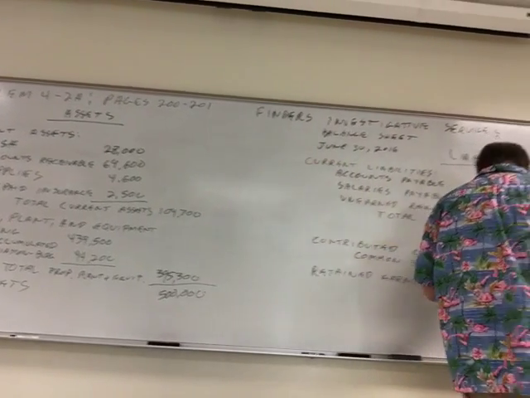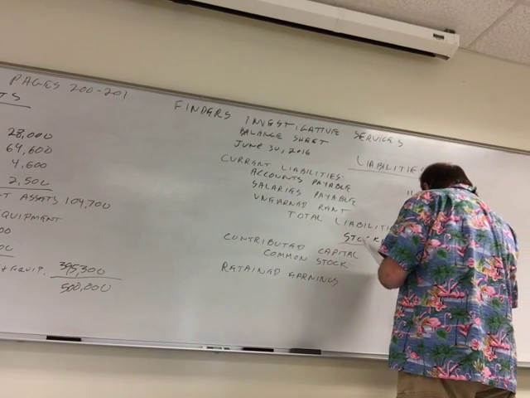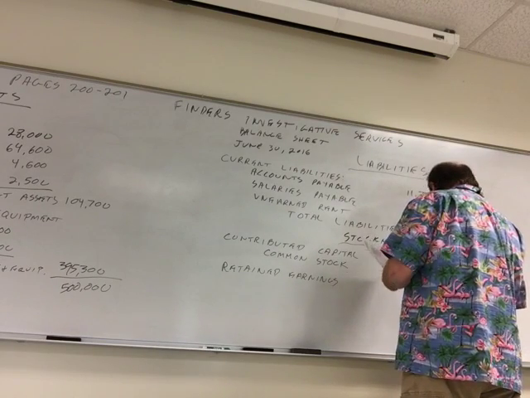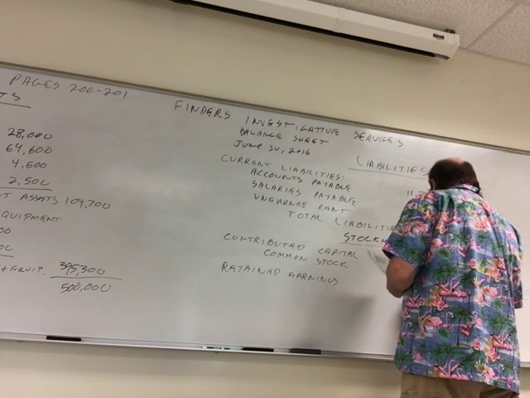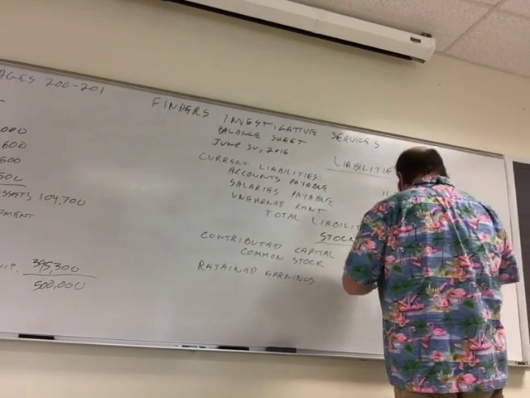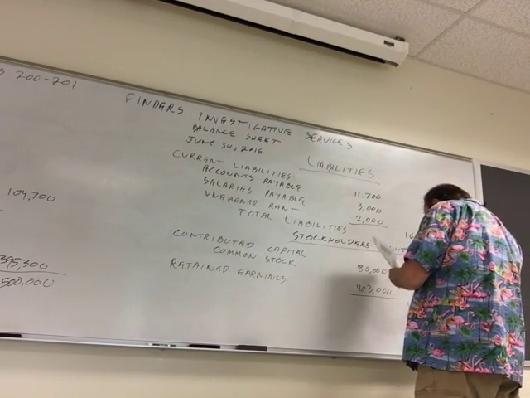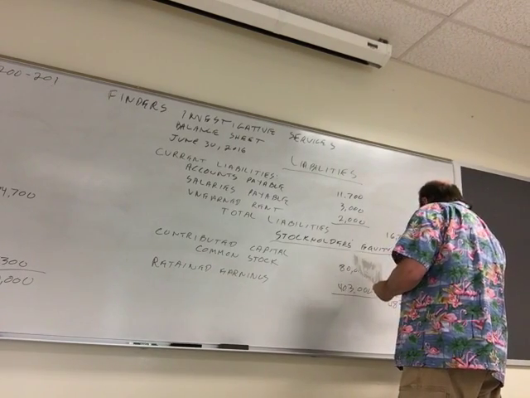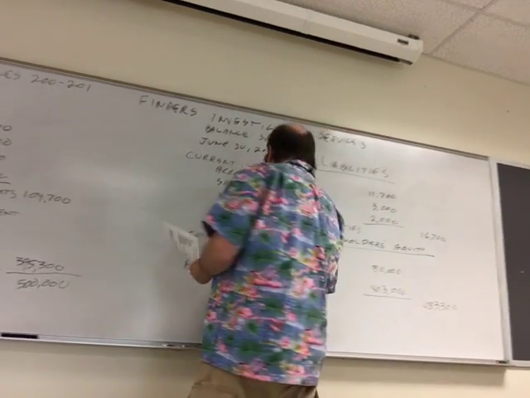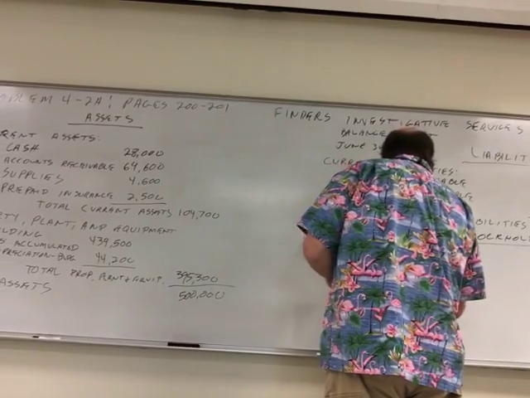And the ending retained earnings balance is 403,000. Add those two together, you get 483,300 as total stockholders' equity.